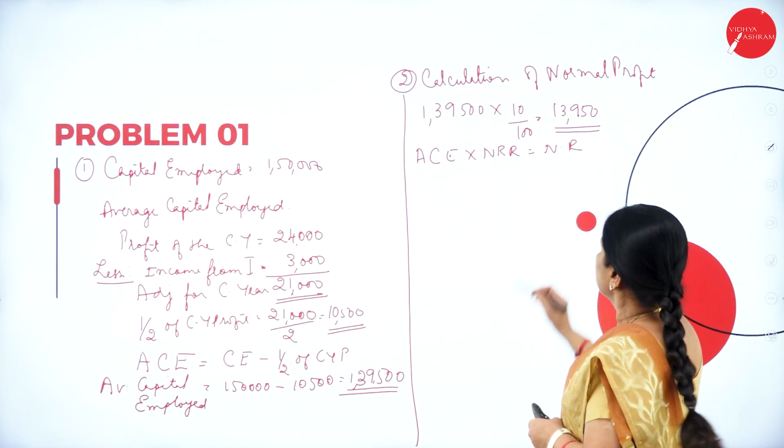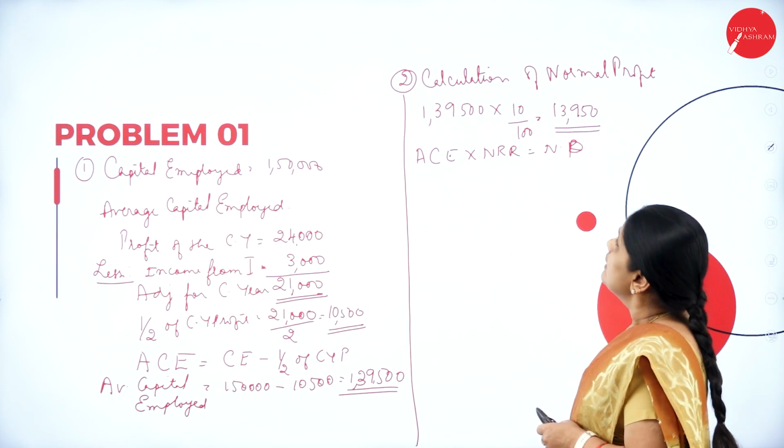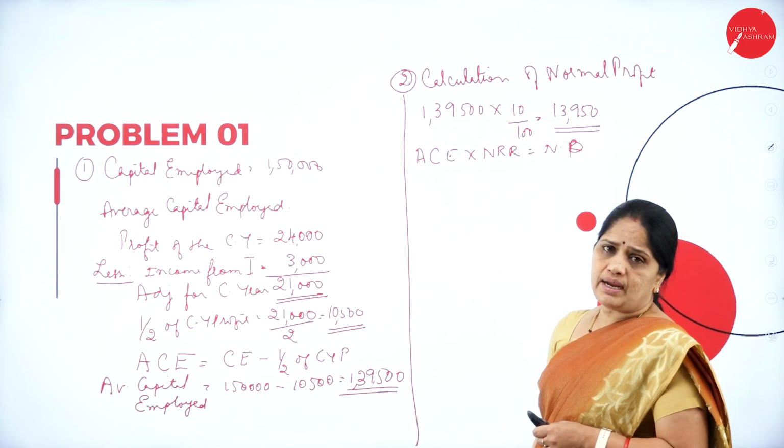Now we have the normal profit and we also have the average capital employed.